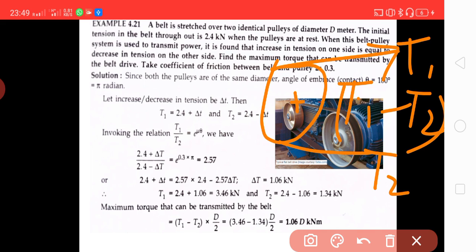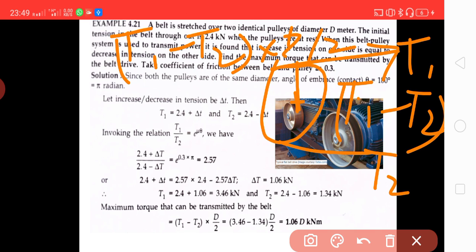So net torque becomes T1 minus T2 into d by 2.